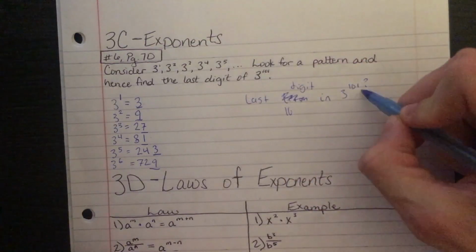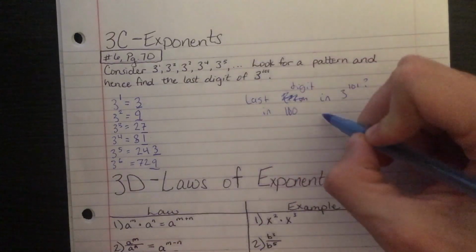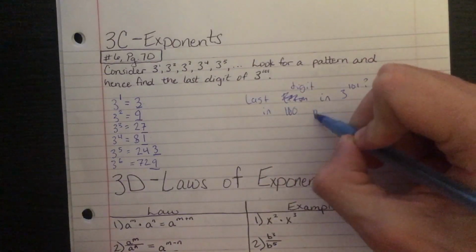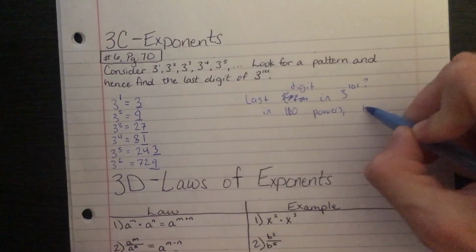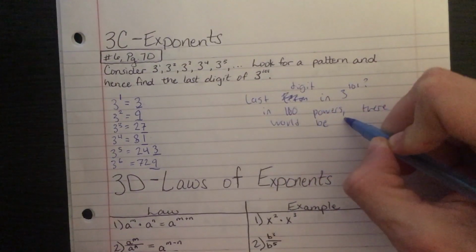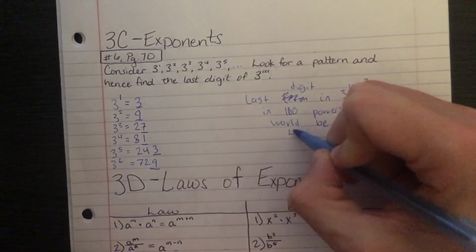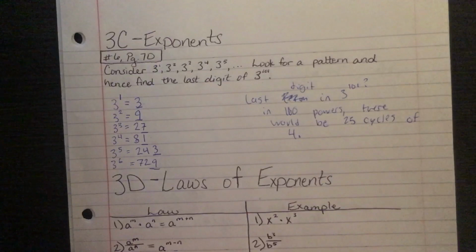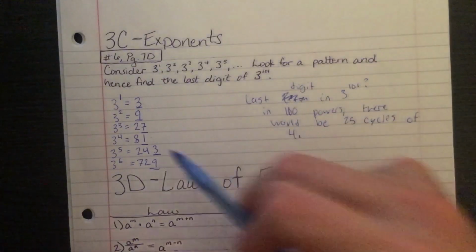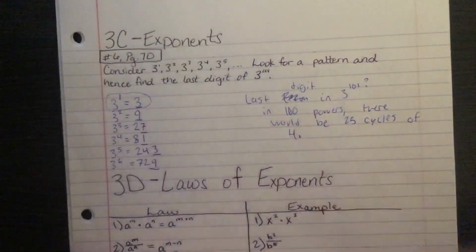So 100 is 1 before that. So in 100 powers, there would be 25 cycles of 4 here. And then we'd be on the first step of a new cycle. So we'd be essentially on this step right here.